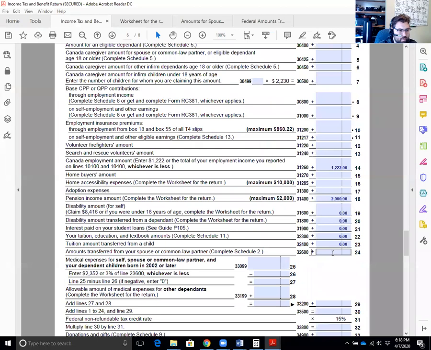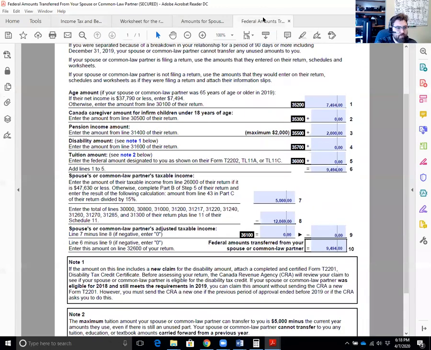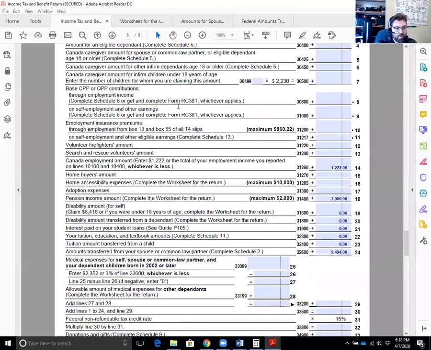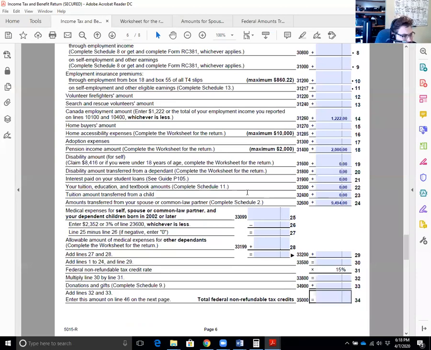Make this bigger. Okay, 32,600 of our tax return. We did what this schedule told us to do, and essentially this is how we do the transfer.